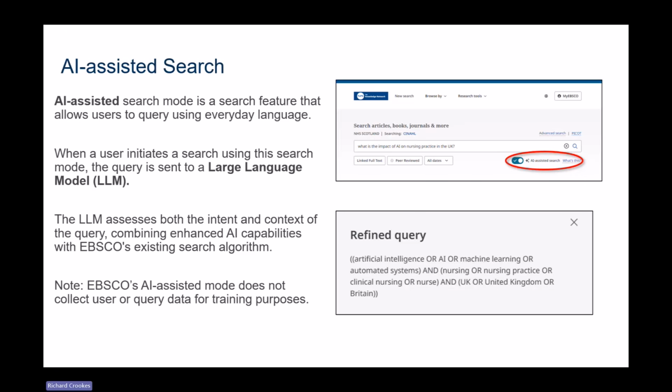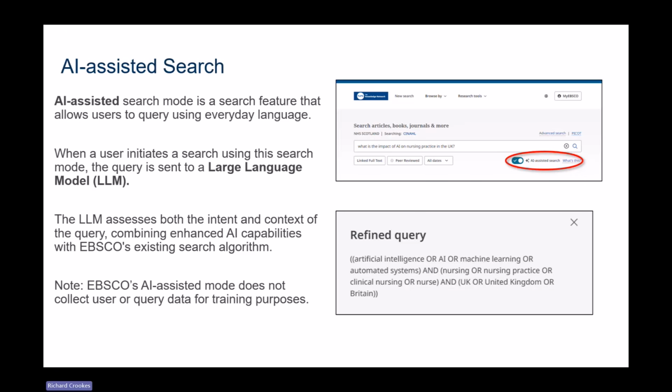The reason for the change in term and labeling is to make it more explicit to the end user, for yourselves, that when you're using this feature, an alternative way of searching for evidence, you are actually generating a response from a large language model. So you're using AI. Essentially, it's a search feature that allows you to query the database, CINAHL in this case, using everyday language.